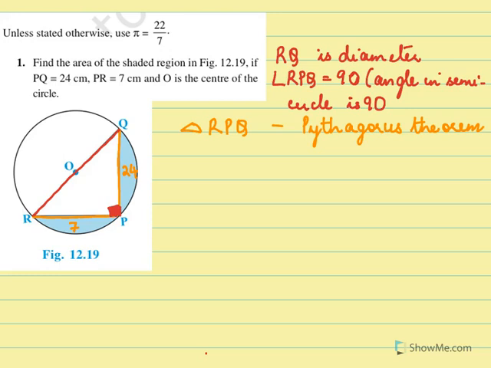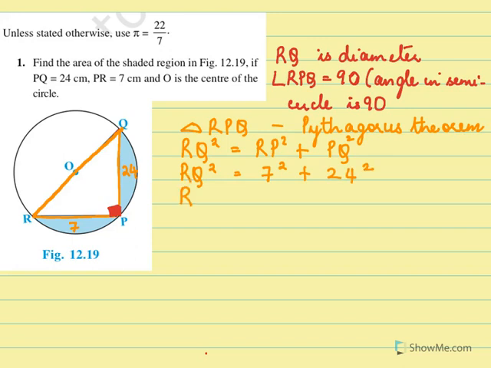We know the hypotenuse is opposite the 90 degrees and RQ is the hypotenuse. So we'll write RQ square equal to RP square plus PQ square. RQ we do not know. RP is 7 square plus 24 square.